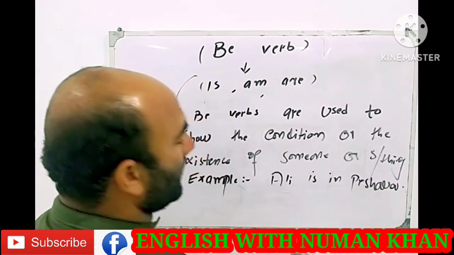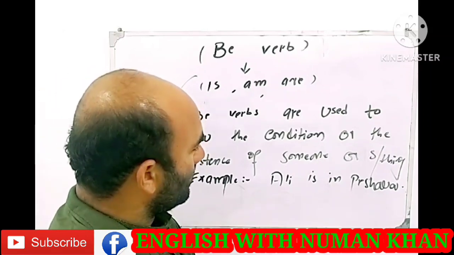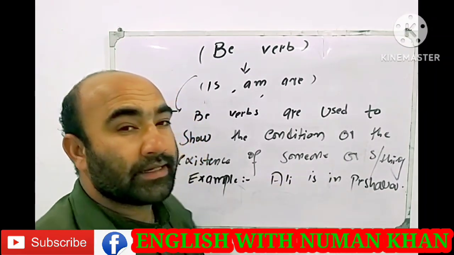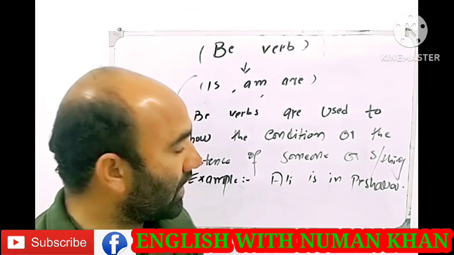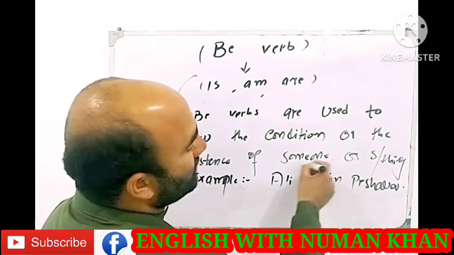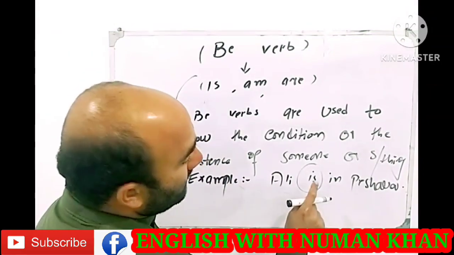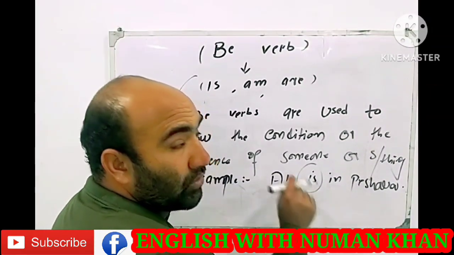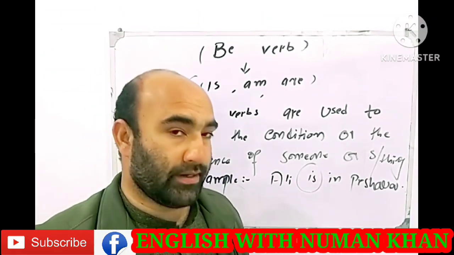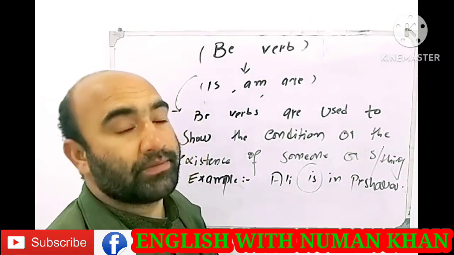Ali is in where? Where is Ali? Ali is in Peshawar. So it means I'm talking about Ali's existence. I want to know the existence of Ali, and here it shows the existence. Here it plays the role of the main verb. Here it is not a main verb, keep in your mind. Here it is a main verb.